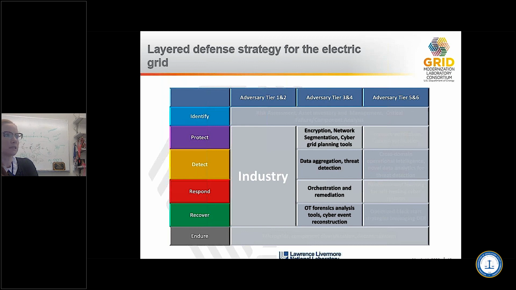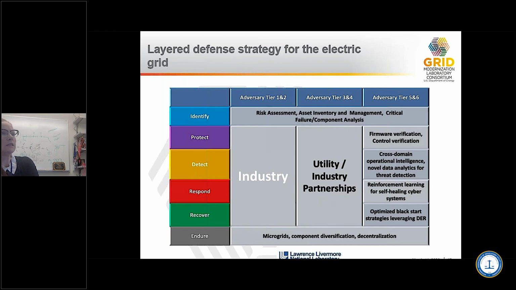So next is the adversary tiers 5 and 6, intelligent adversaries, people that are actively targeting and creating their own vulnerabilities into the system. And that's where the higher grade research and work is actually going on between DOE, DOD, DHS.